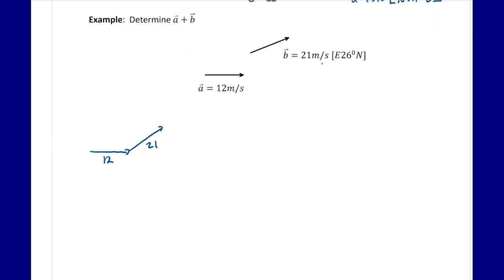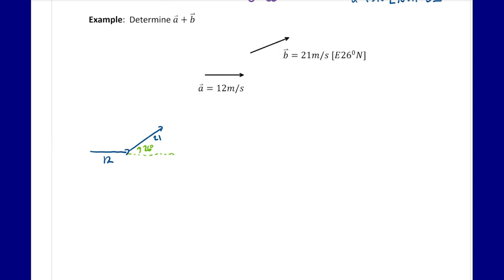And because it's east 26 degrees north, that means east, 26 degrees north. So what I can do is I can use that to help me figure out what this angle is.